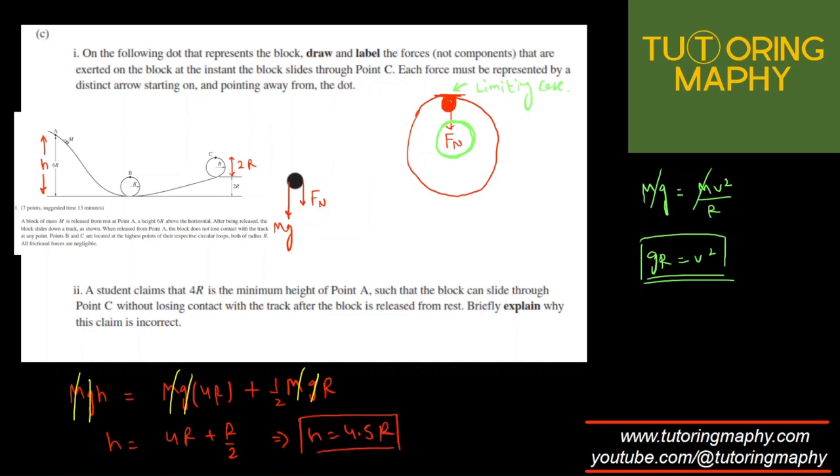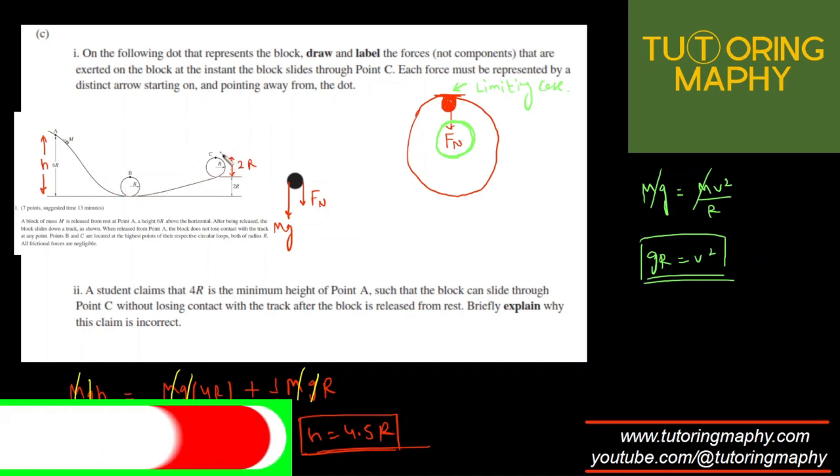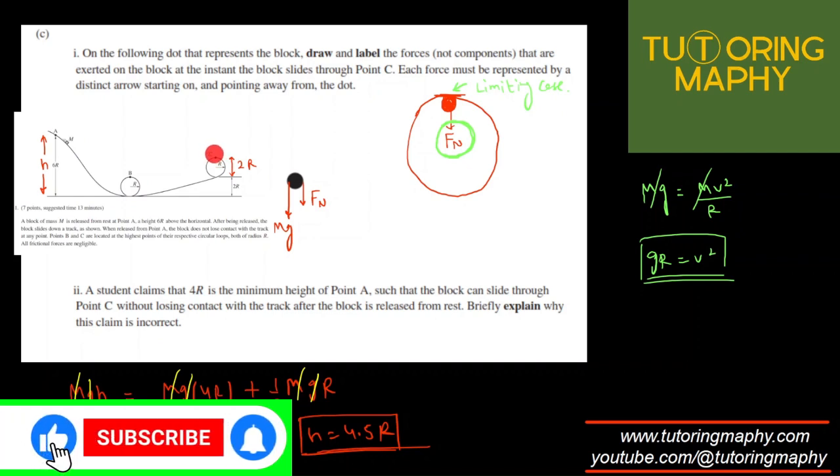That's method number 1. Method number 2, which is more intuitive and makes more sense, maybe: the student claims that 4r is the minimum height of the point A such that the block can slide through C without losing the contact. It doesn't make any sense. Why? Because if you release at 4r, and since it has to again climb by 4r height, don't you think the speed over here will become 0?